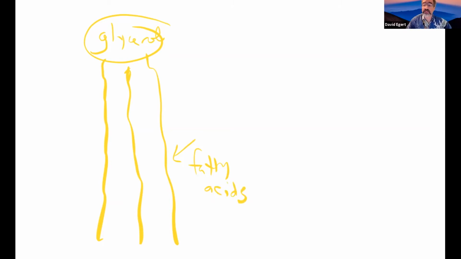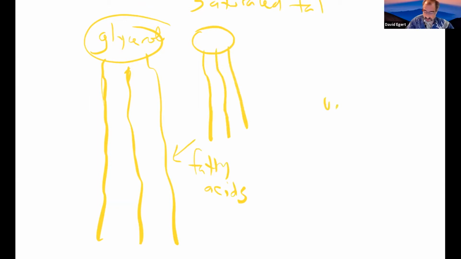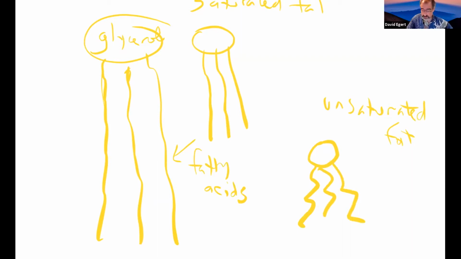If it is a saturated fat, these tails are straight. If it's an unsaturated fat, meaning that there are those fatty acids with those double bonds, then it tends to be a little more like this. The tails get kinked up.